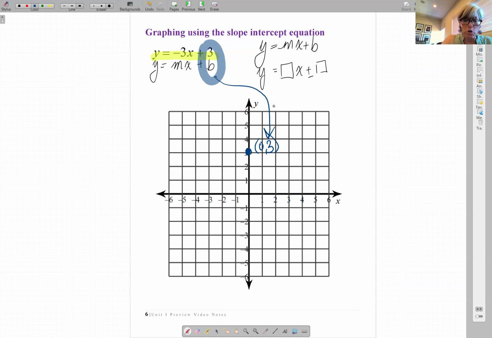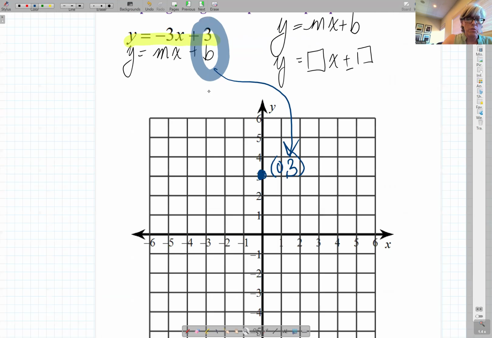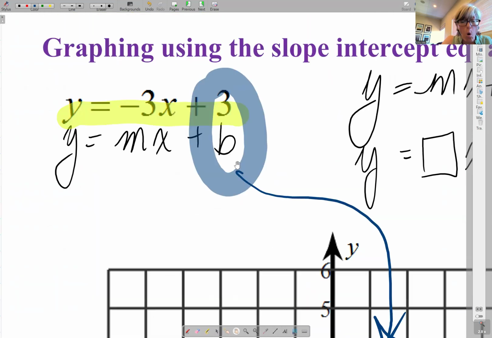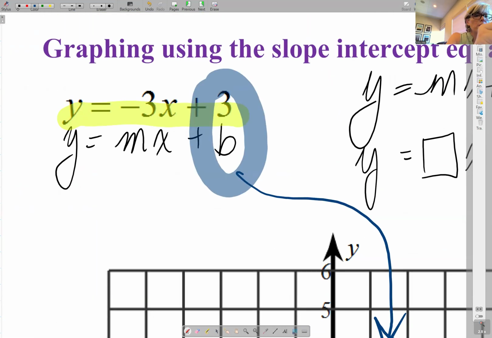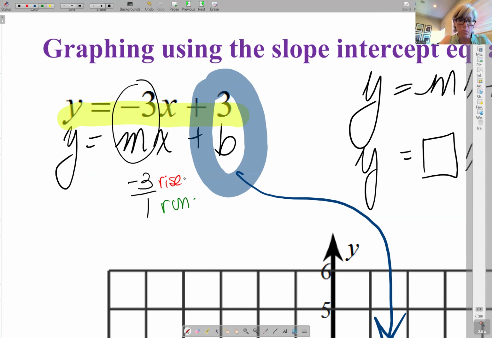Now, your slope, look very carefully. Remember I said slope was always a fraction? So right here, your slope, you need to turn it into a fraction. It is rise over run. So if you have a whole number, you must pop it over 1.